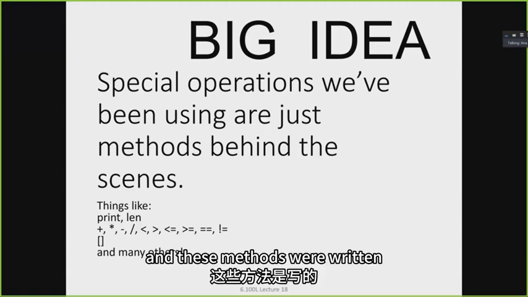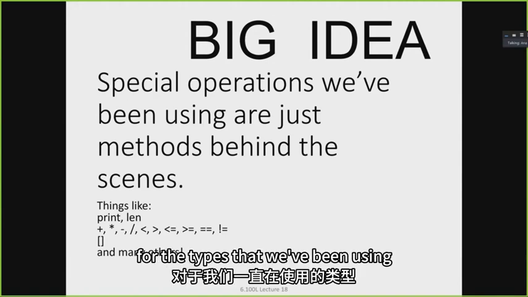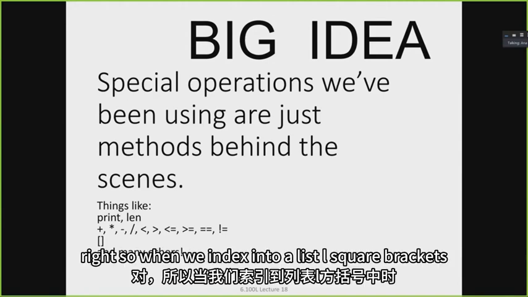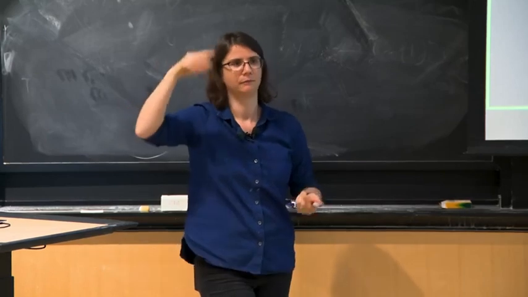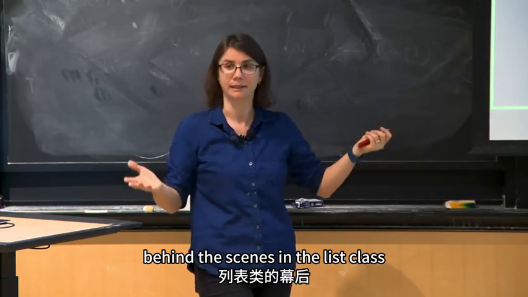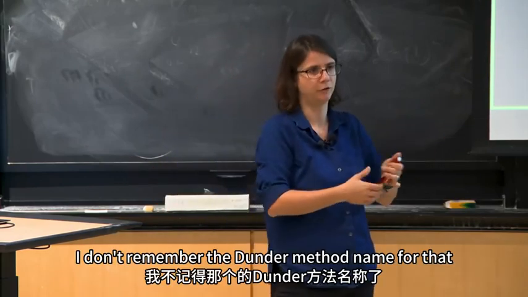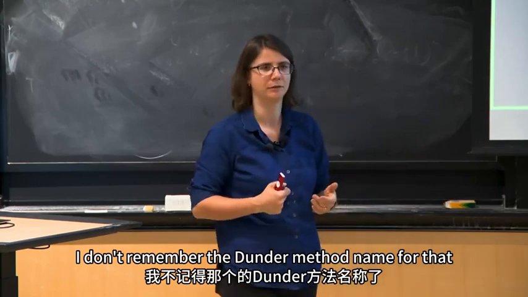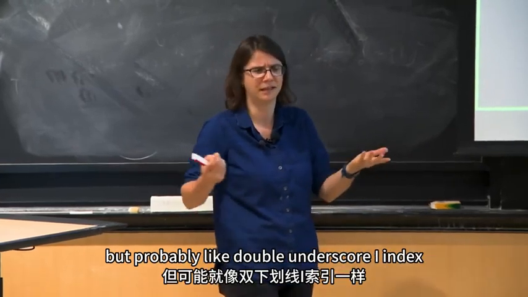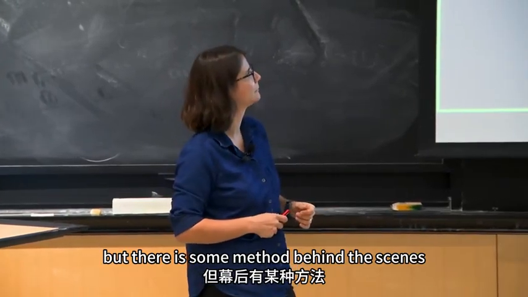And these methods were written inside the class definition for the types that we've been using. So when we index into a list, L square brackets 3 or whatever, there's a method being called behind the scenes in the list class to grab the element at index 3. I don't remember the dunder method name for that, but there is some method behind the scenes.